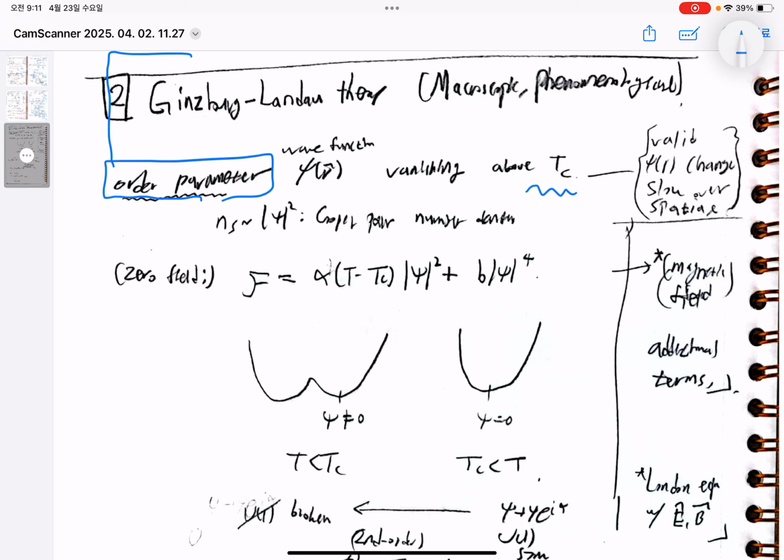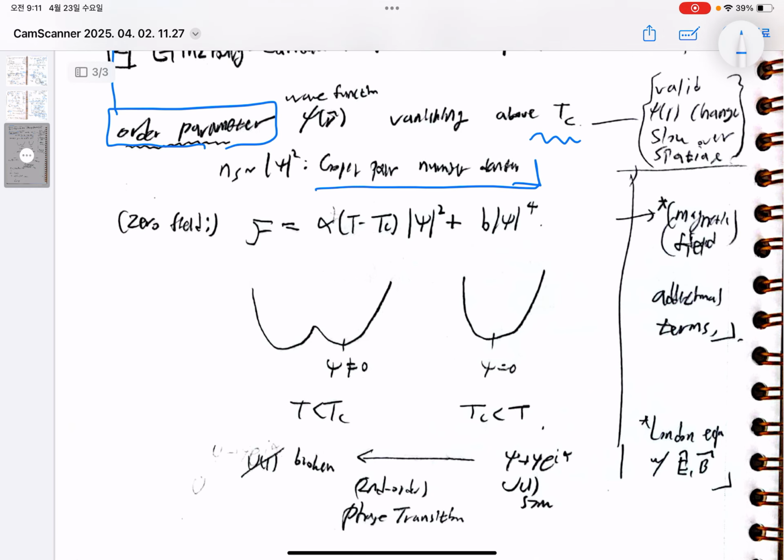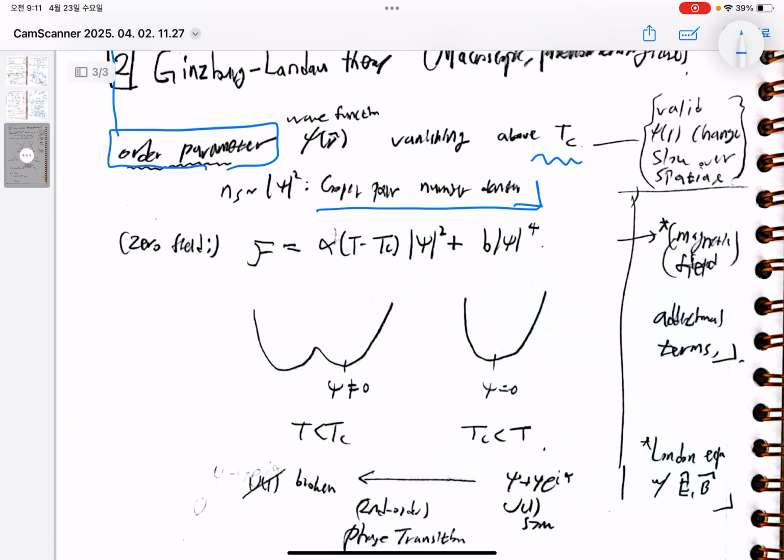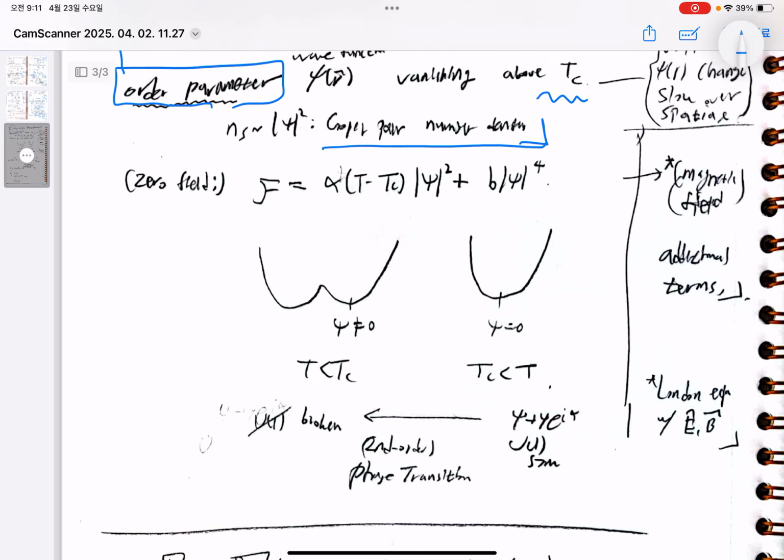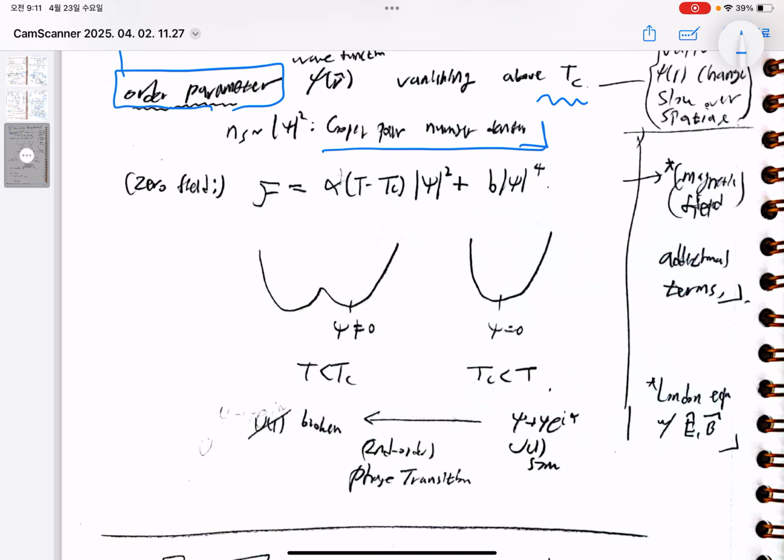It means that above the critical temperature, the Cooper pair number density becomes zero, so there will be no superconductivity. And this is valid when the wave function changes slowly over space, so it is almost constant, homogeneous from the spatial point of view.